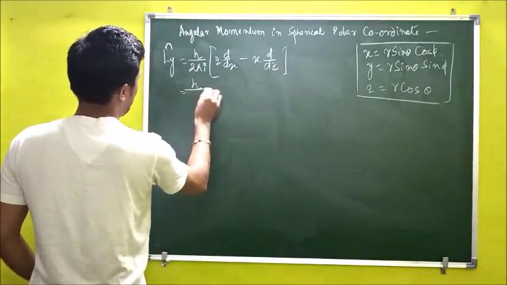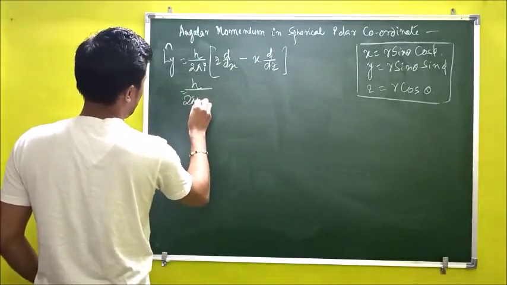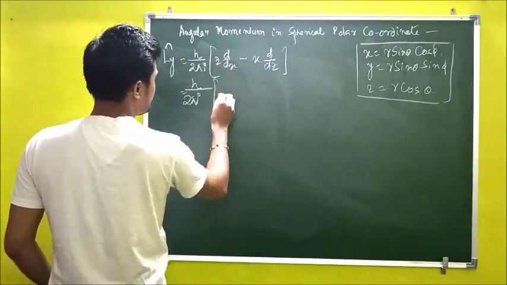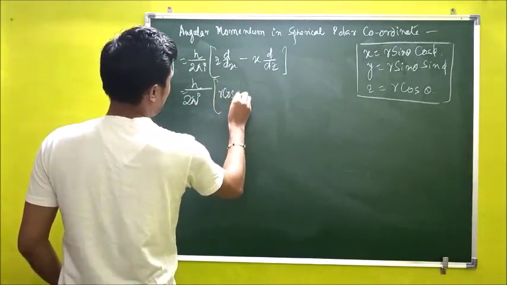So what can we write? In place of z we can write r of cos theta.